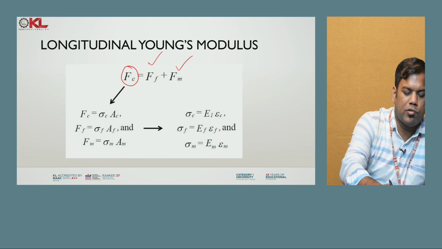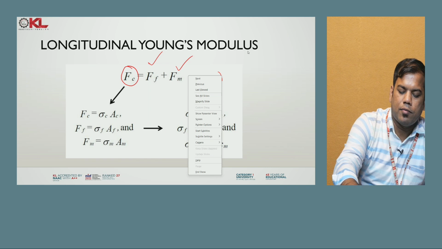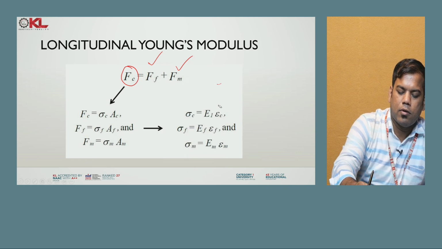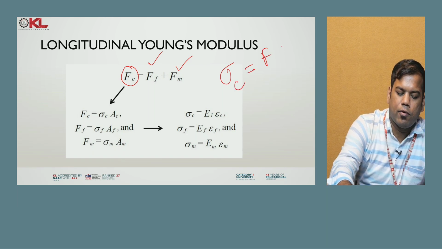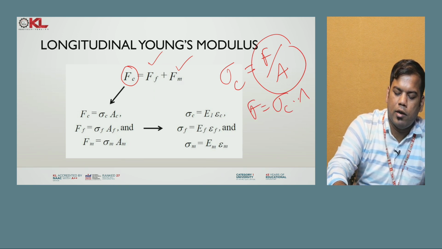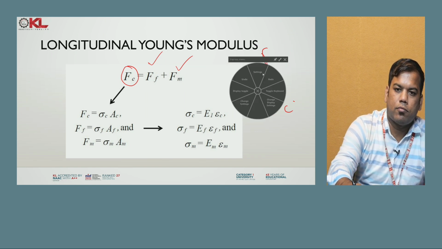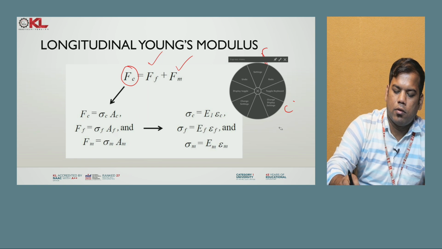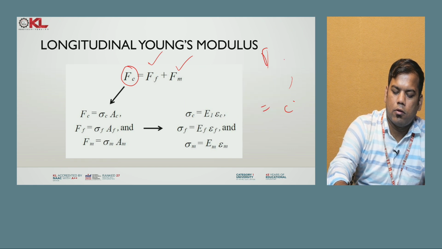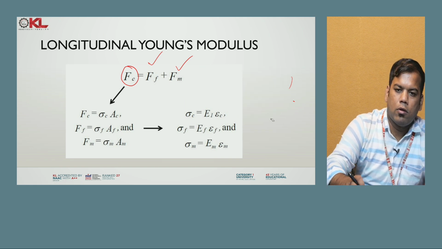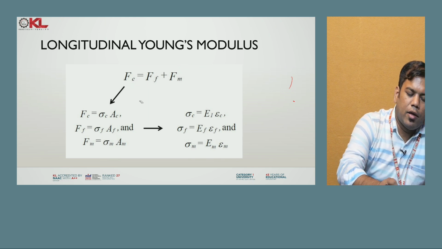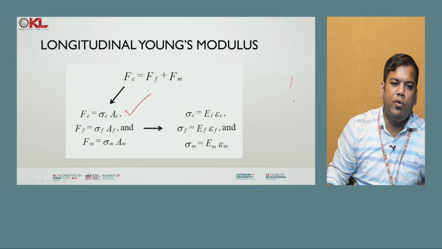As you know, sigma is F by A. So the force Fc will be sigma c into the cross-sectional area, Fc equals sigma c into Ac.